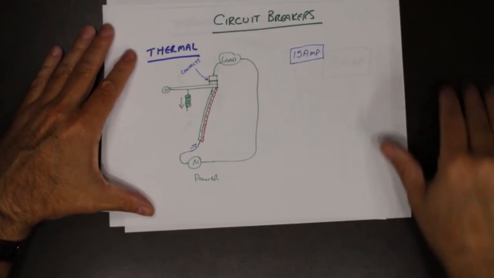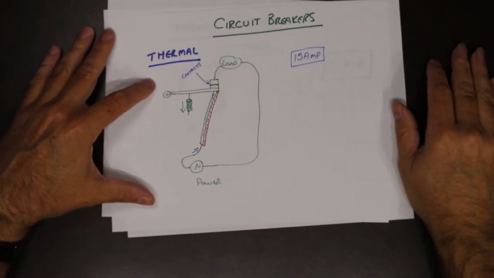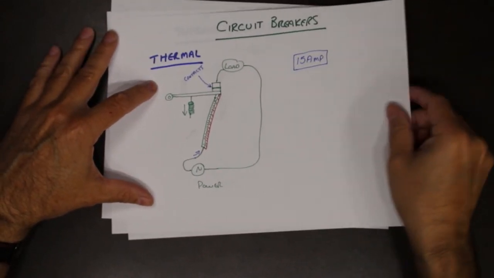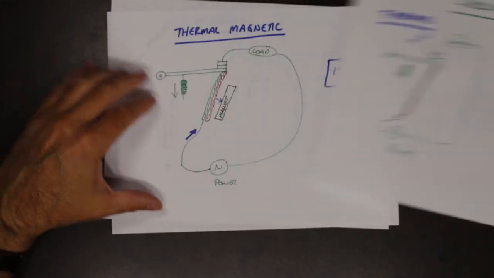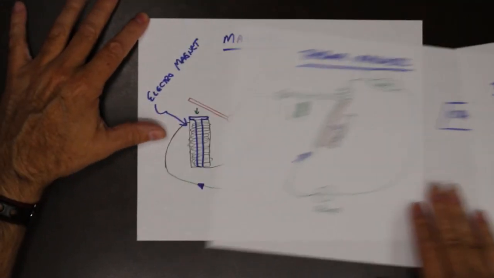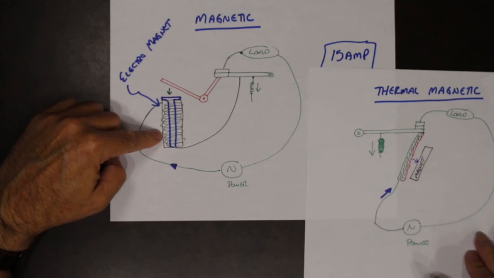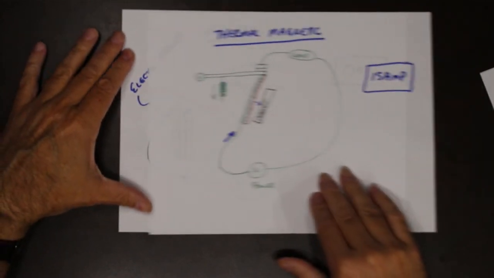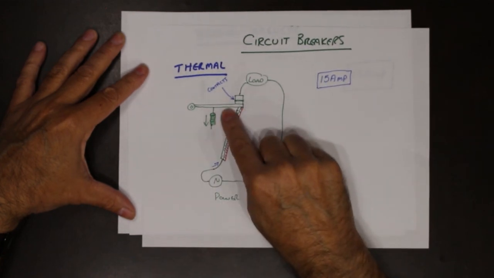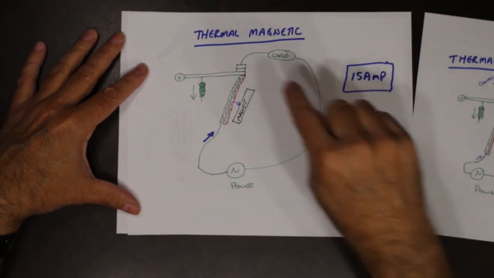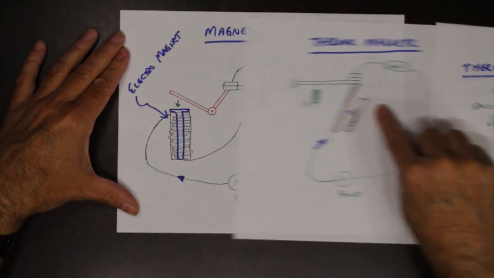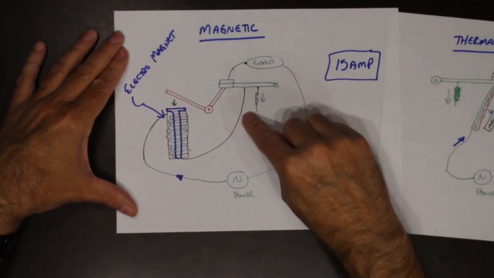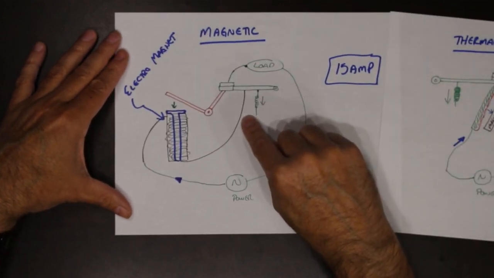Thermal is the cheapest. So cheapest to manufacture, cheapest to buy. Magnetic is the most expensive. This is slow. This is faster. This is fastest.